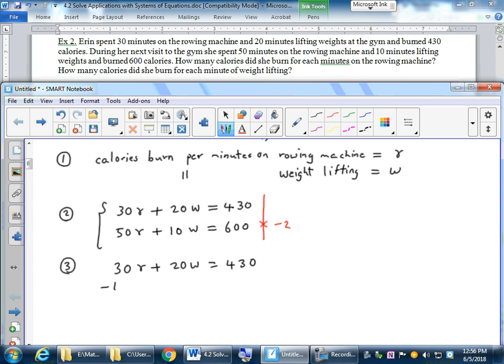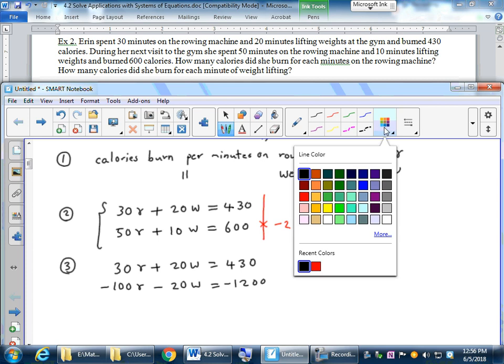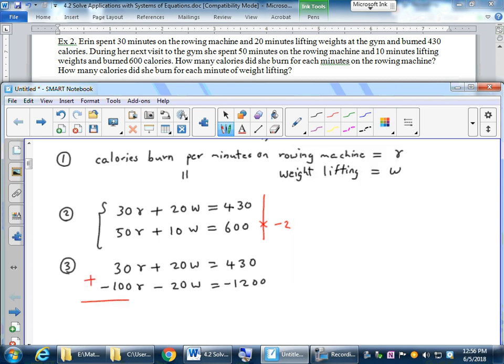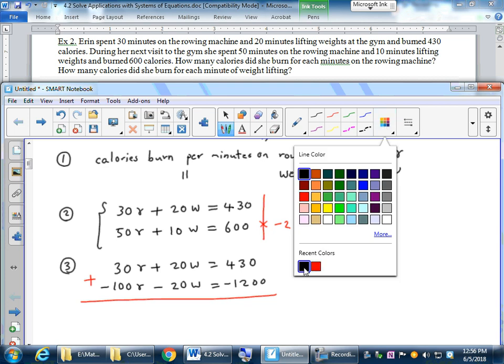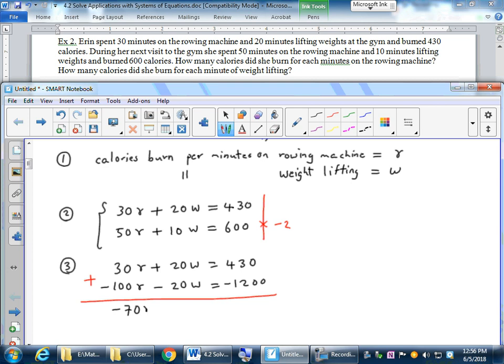Multiplying by -2 will give me negative 100r minus 20w is equal to negative 1200. Now we add these two equations together, right? Adding these two equations together, that give us negative 70R, and W is eliminated already, right? 1200 take away 430, that give us negative 770, and if you divide both side by 70, that will give me 11.